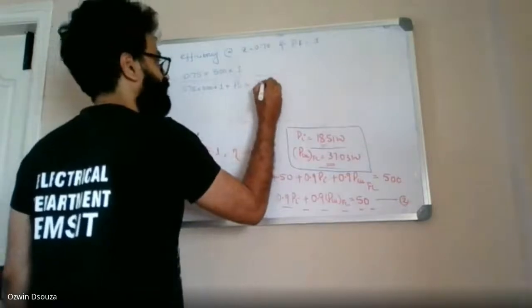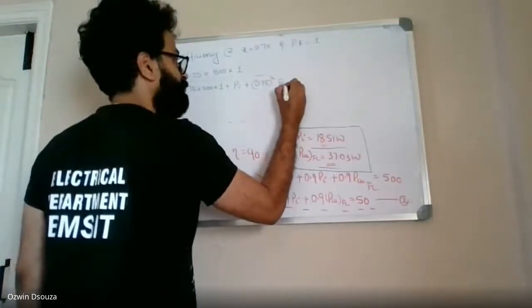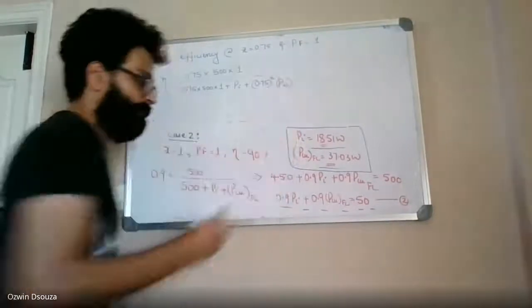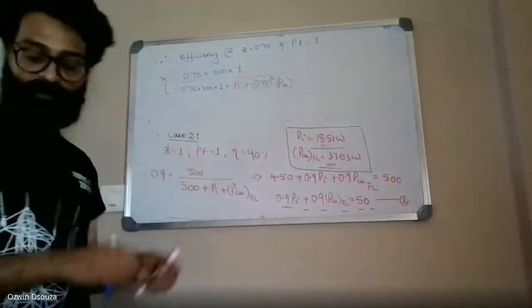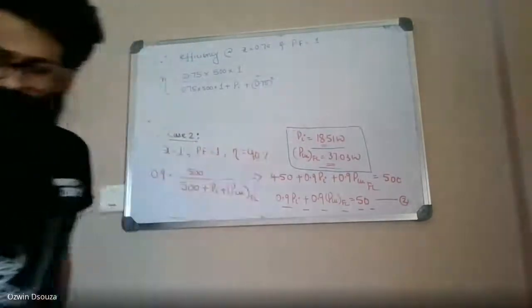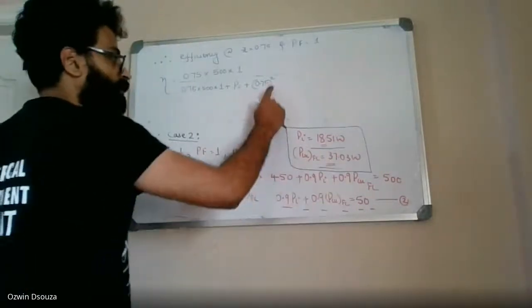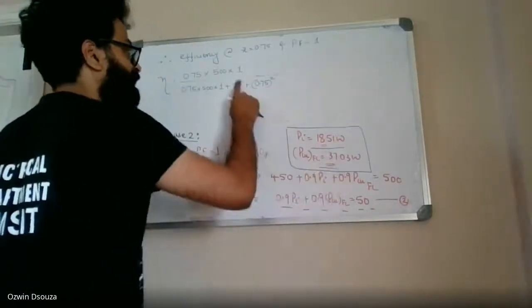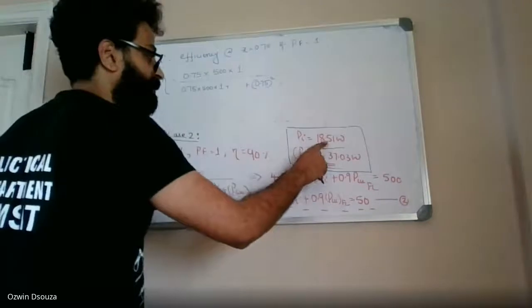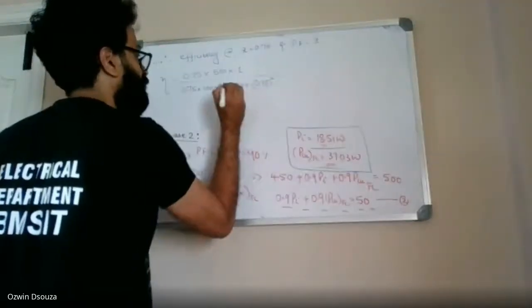So X is 0.75, so it is 0.75 square times PCU full load, right. I'm not writing down the formula because I have already written the formula, and every time I cannot write the formula, it takes a lot of time to complete. So full load copper loss you have calculated, right? So also the iron loss.